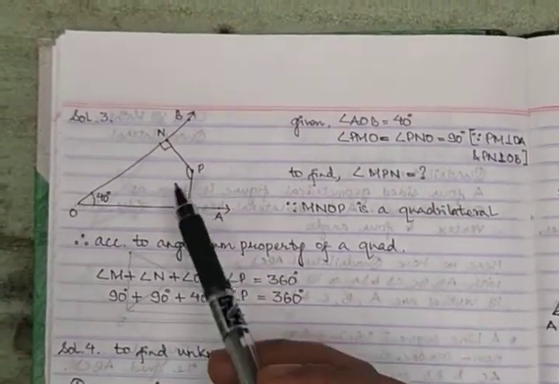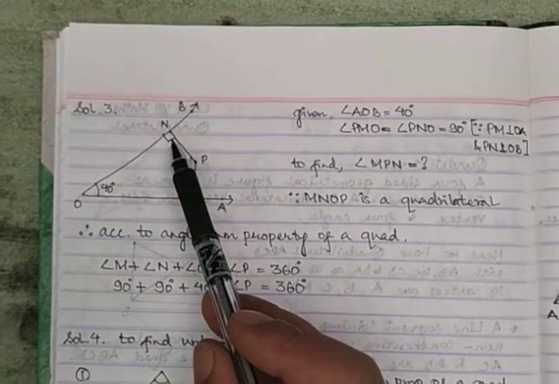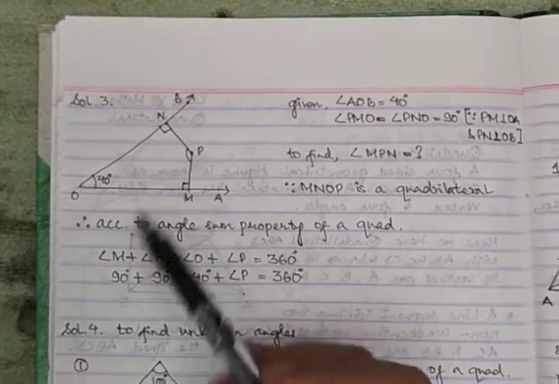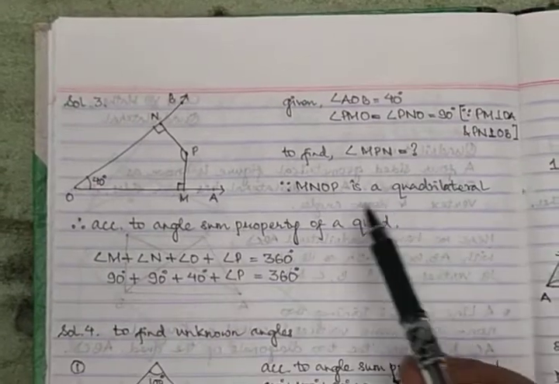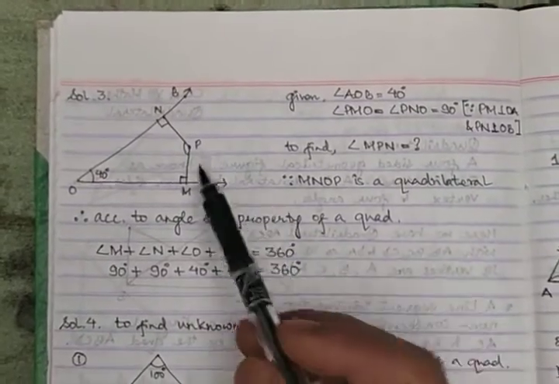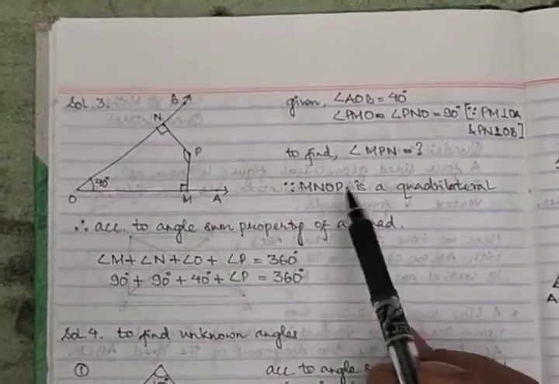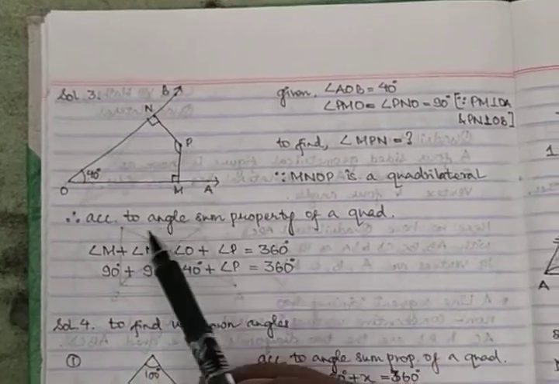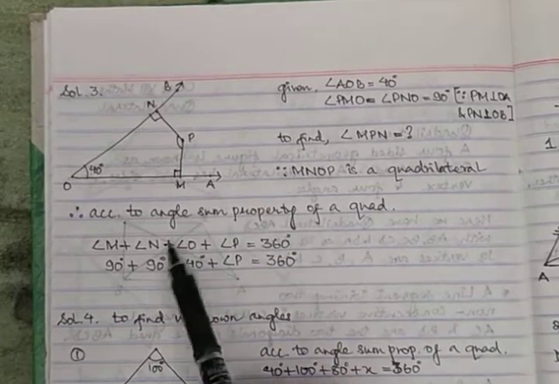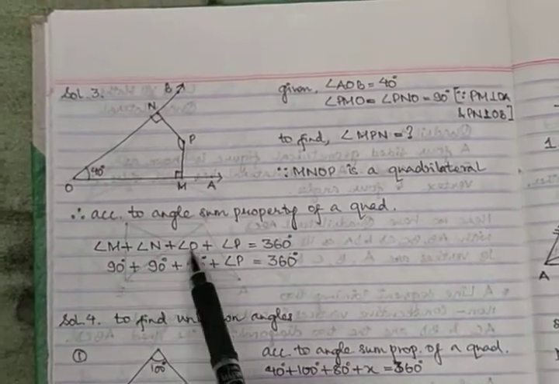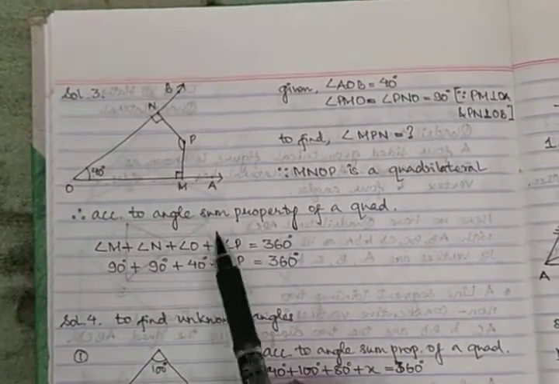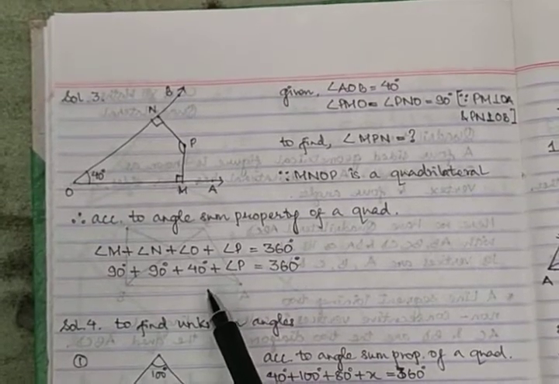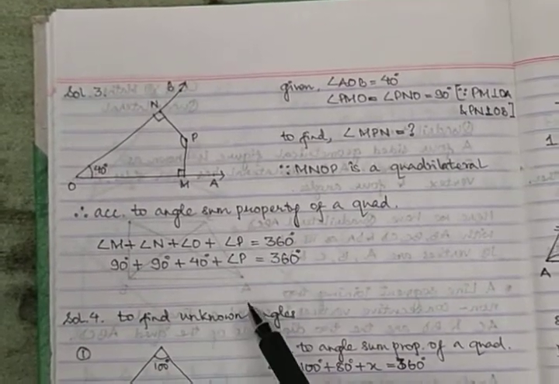We have all three interior angles of a quadrilateral, 90, 40 and 90. One of the interior angles is missing. So simple, since MNOP is a quadrilateral, a four-sided geometrical figure, according to the angle sum property of a quadrilateral, angle M plus angle N plus angle O plus angle P, all the four interior angles, will be equal to 360 degrees.